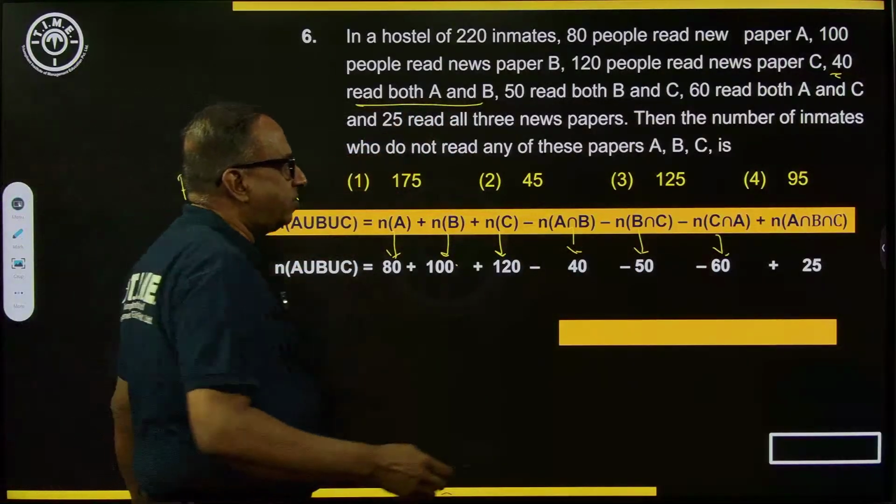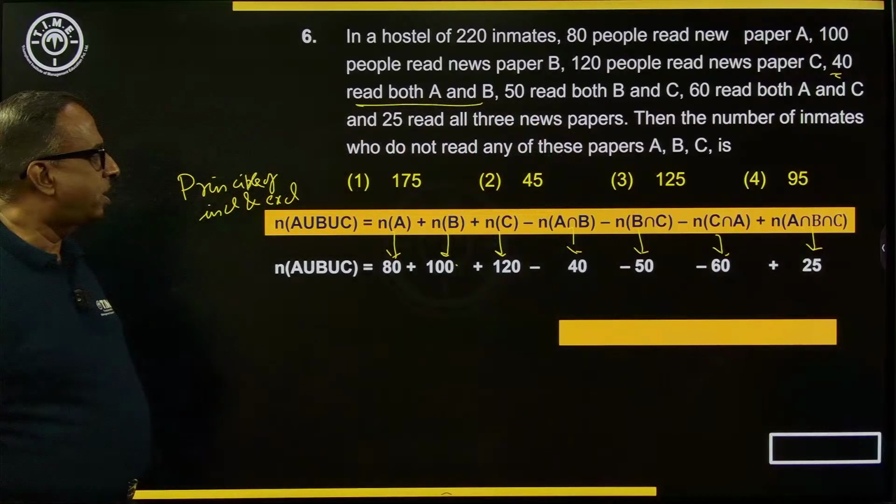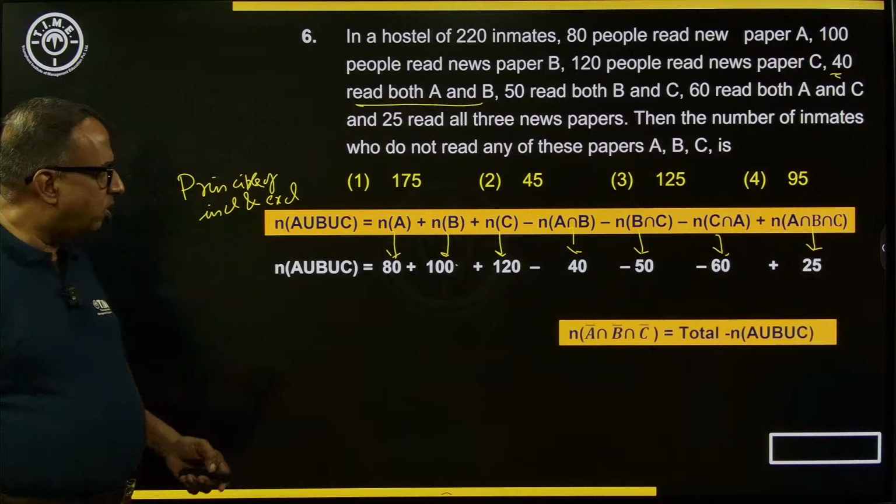All 5 is 25. Okay, just you have to substitute in the formula. Just you will get some value. Let us see what is that value.